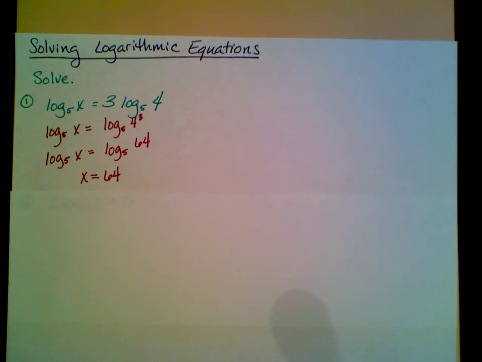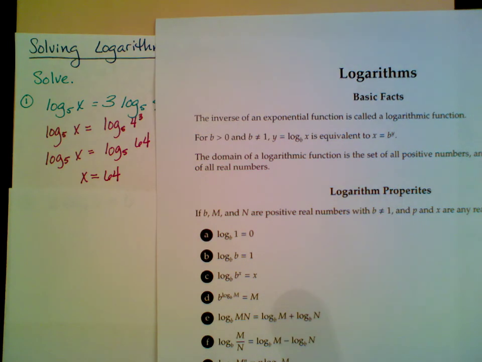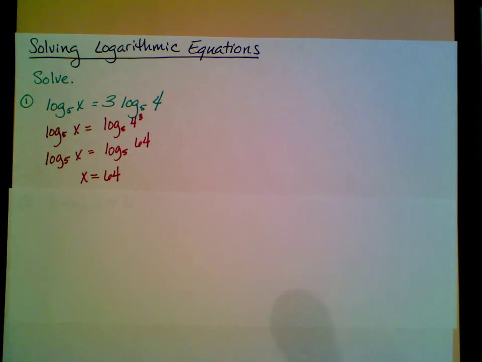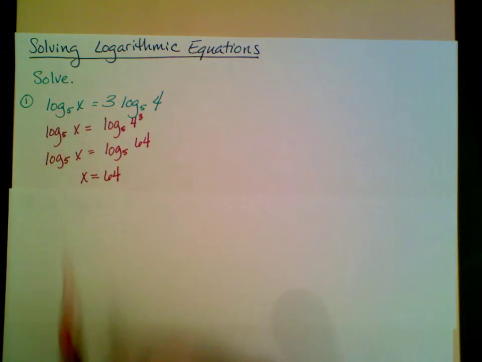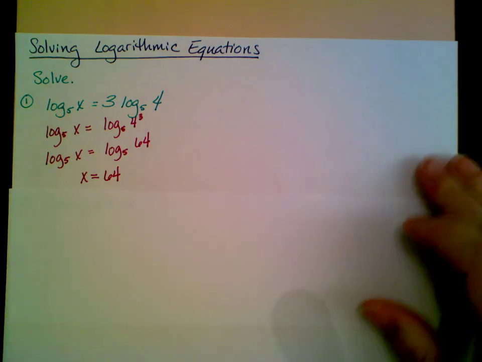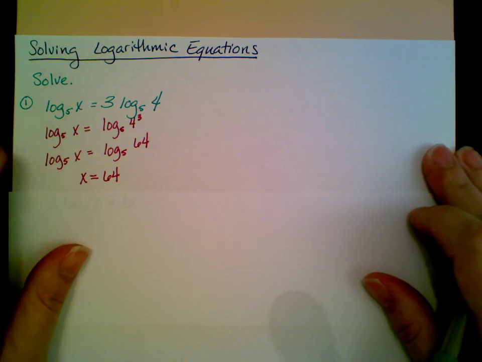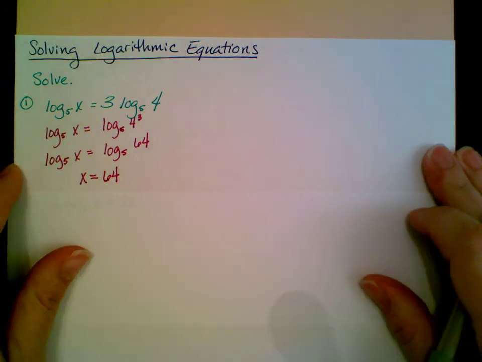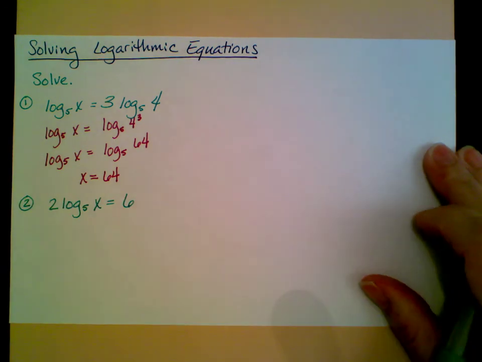We mentioned that in our first logarithm video, and it's also up here at the top under your logarithms basic facts. 64 is a positive number here, so the fact that x is 64 is perfectly okay. However, we are going to want to be cautious when we might be creating negative or 0 inputs for logarithms, because those are not allowed.